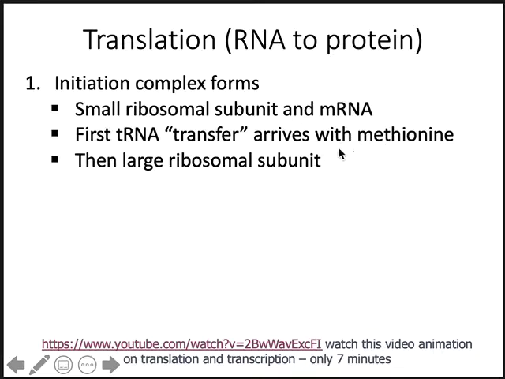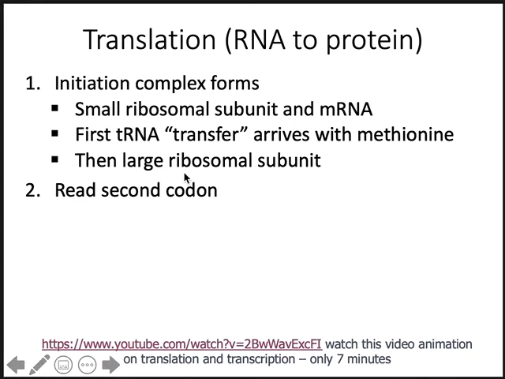This is how it always starts. Once you have your small subunit, your transcript, and your transfer RNA with the methionine, then the large ribosomal subunit will bind, and now you have your whole complex.